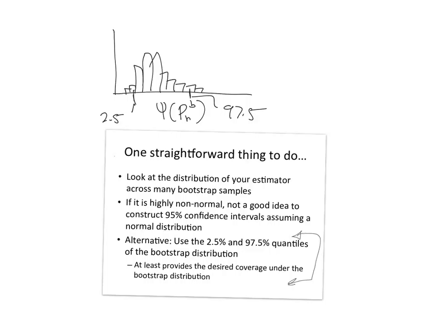That's the idea. These would be the confidence interval. It matches what you would do if I just did plus or minus 1.96 times the bootstrap standard deviation of this.